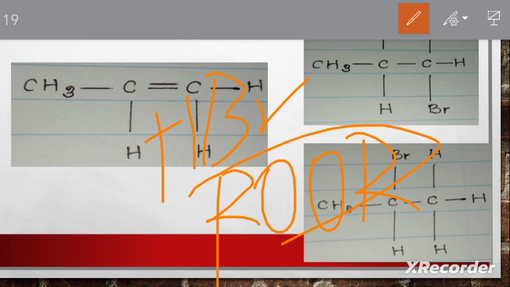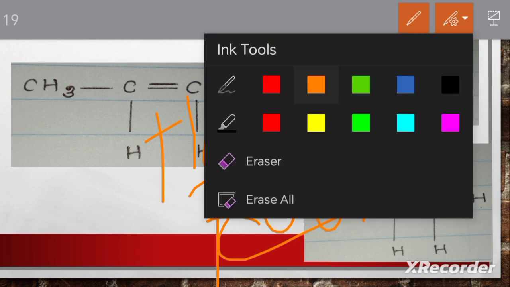We indicate the peroxide medium like this. If you add HBr in the peroxide medium, bromine goes to the carbon with higher number of hydrogen. Hydrogen goes to the carbon atom with low number of hydrogen, right? So, we indicate such reactions in this way.